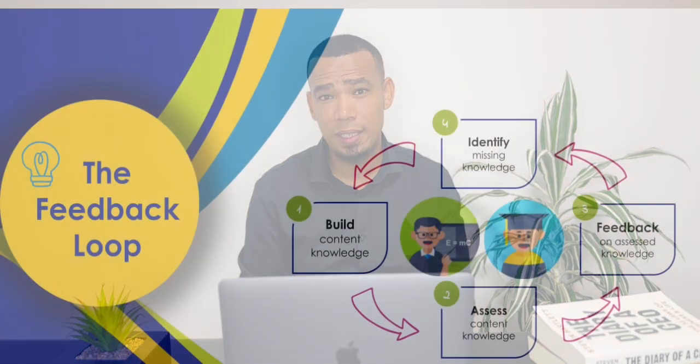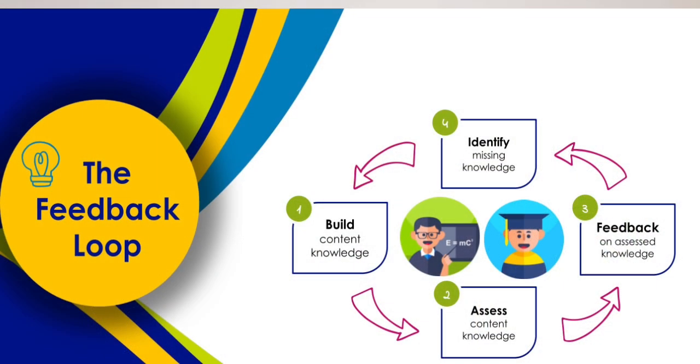Now the feedback loop consists of 4 components. The first one is building content knowledge. The second one is assessing the content knowledge. The third one is providing feedback on the assessed knowledge. And then the fourth one is identifying the missing knowledge.